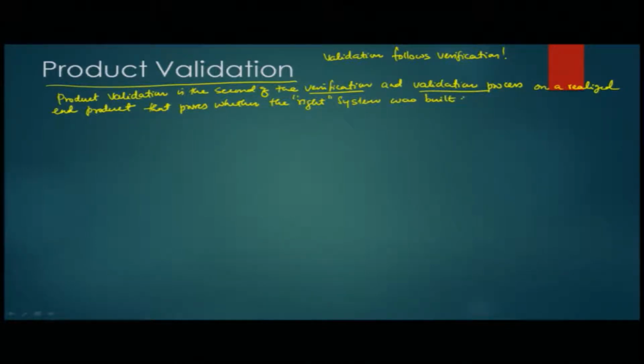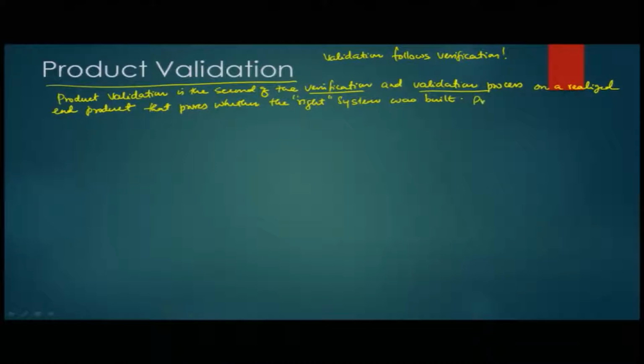So, the question in verification is, did we build the system right? Here, did the right system get built? In other words, this provides objective evidence. Remember, we mentioned the importance of objectiveness.